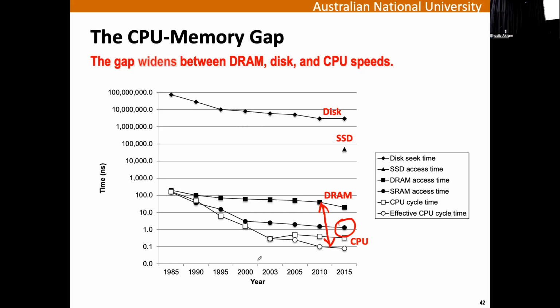If you want speed, you want SRAM. Okay, so now we are going to look at how we build computer systems to bridge this gap between different technologies. We want all of them. We want the capacity of these devices. We want more main memory, but we want the latency of SRAM.